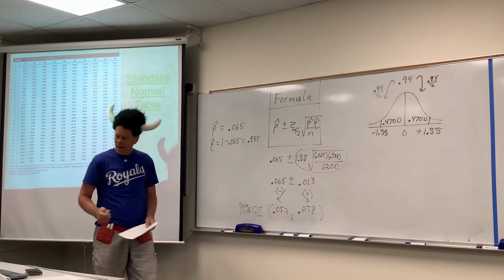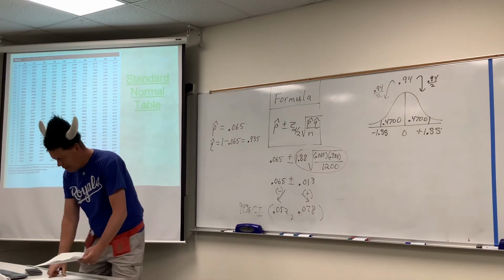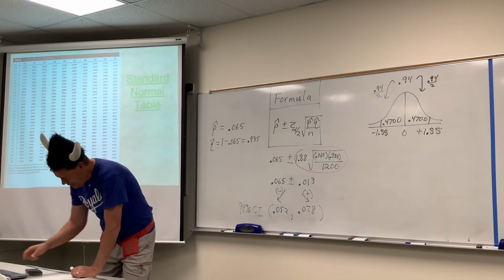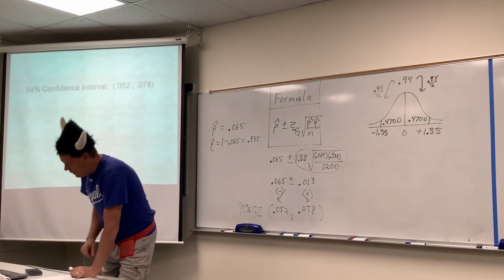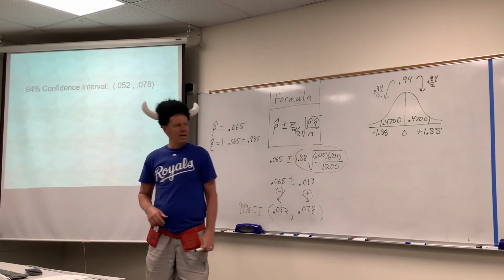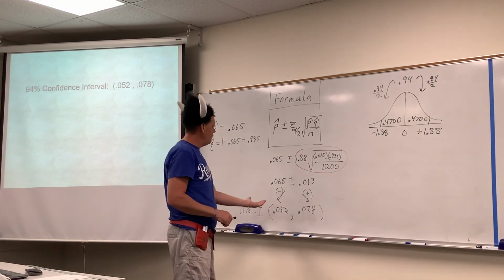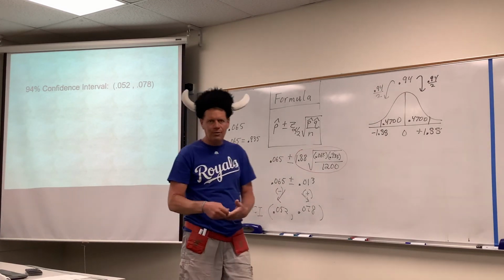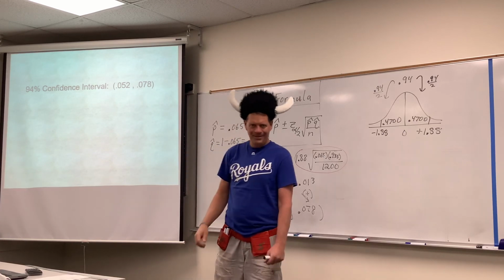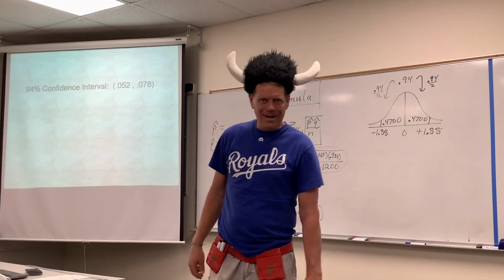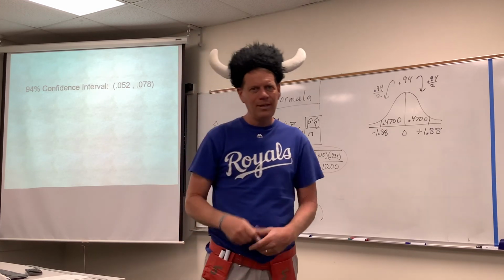That's usually, in my opinion, an underreported element of this. People typically don't give you the level of confidence. So anyway, a 94% confidence interval, basically between 5.2% and 7.8%. Yippee-ki-yay! I think we'll do one more of these and then we're going to move on.